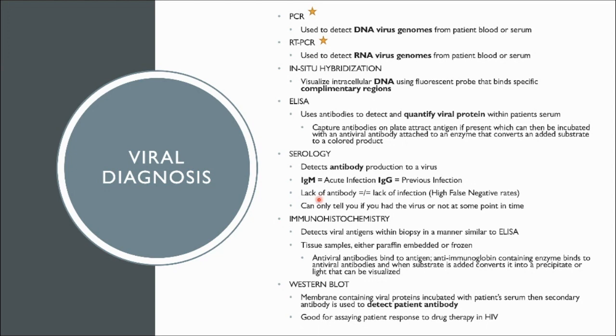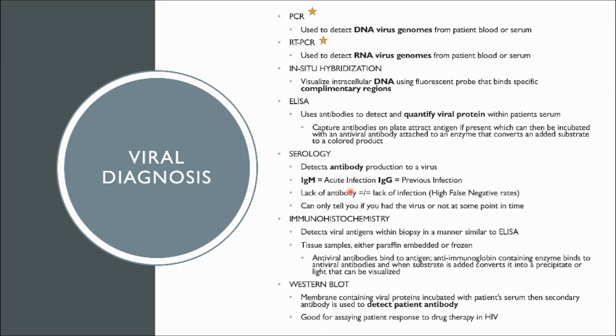However, if you were infected with a virus at one point and then you get tested for it later, after you've resolved the issue or had it for a while, you'll develop IgG. That really doesn't tell you anything other than you were infected with a virus at some point in time. It doesn't tell you if you were infected a month ago. It doesn't tell you if you were infected 10 years ago. All it means is you were infected. So it's not very helpful in diagnosing acute situations.